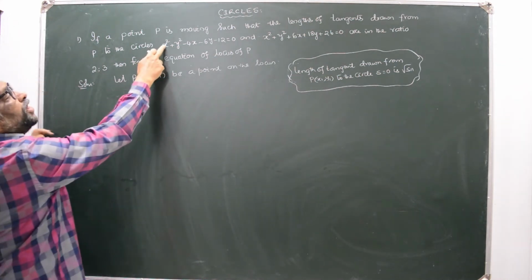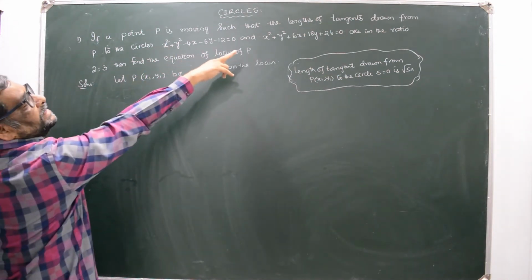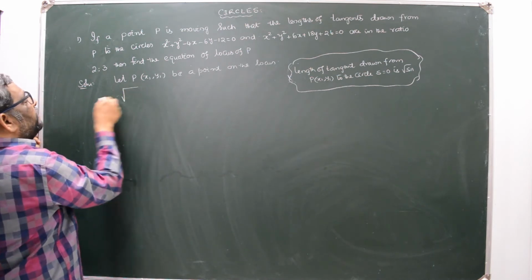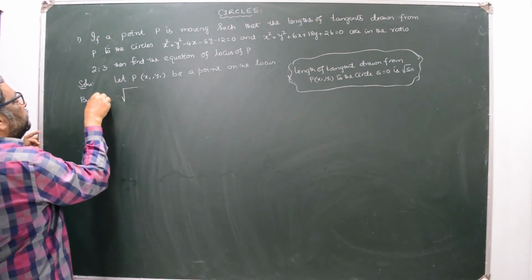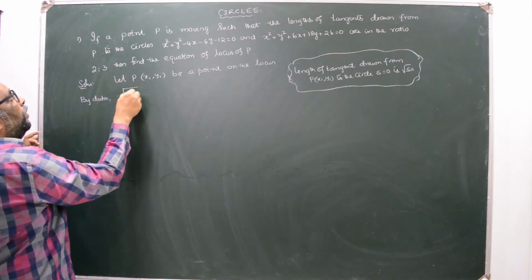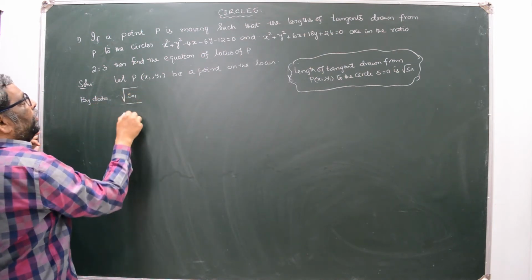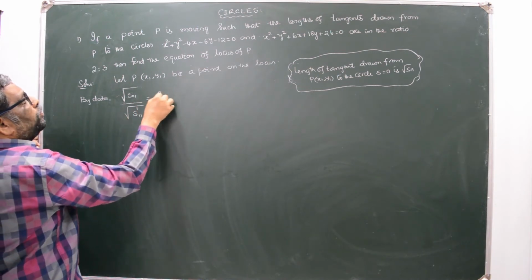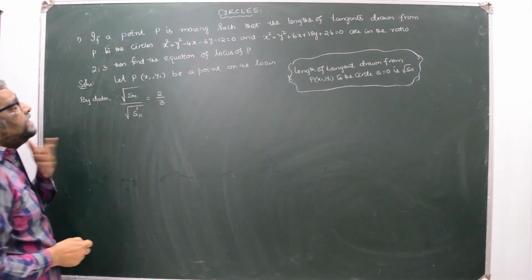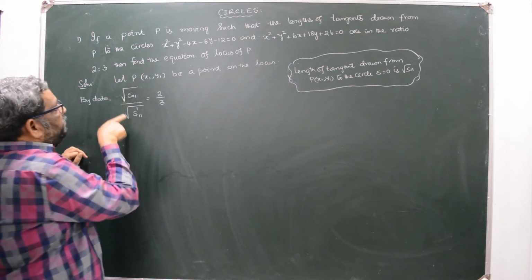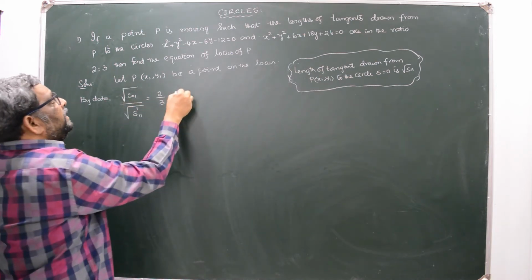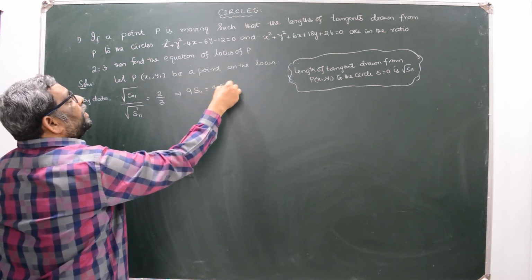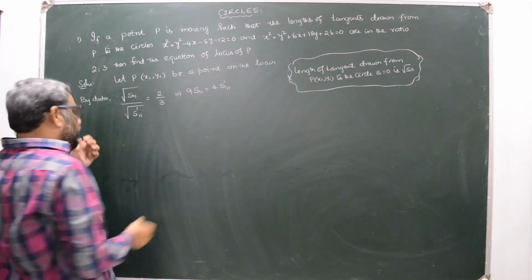So let me call this circle as S, and the other circle as S dash. So by data, root S11 by root S dash 11 is equal to 2/3. Now on squaring, S11 by S dash 11 is 4/9. So 9 S11 is equal to 4 S dash 11.